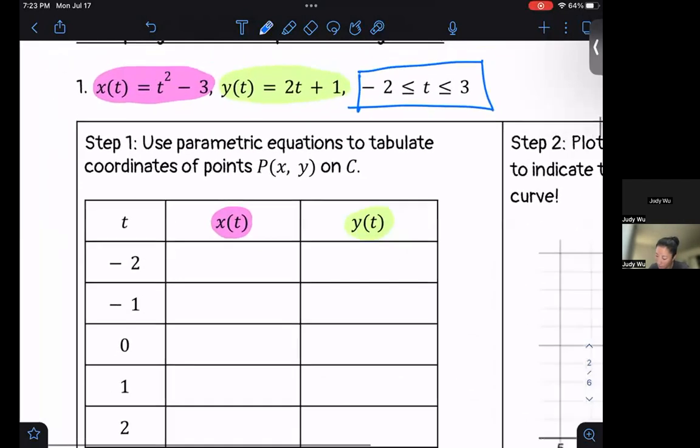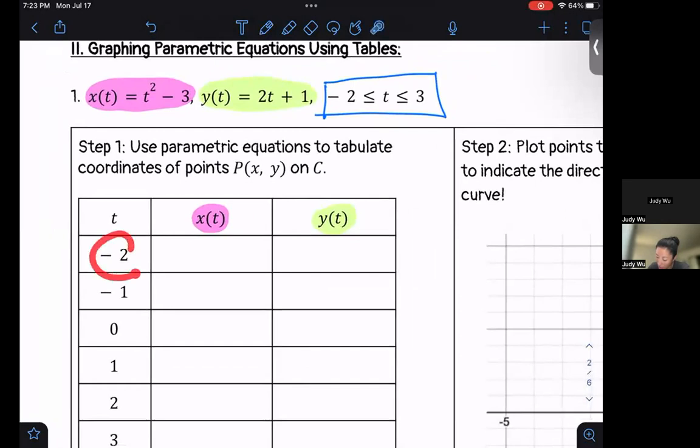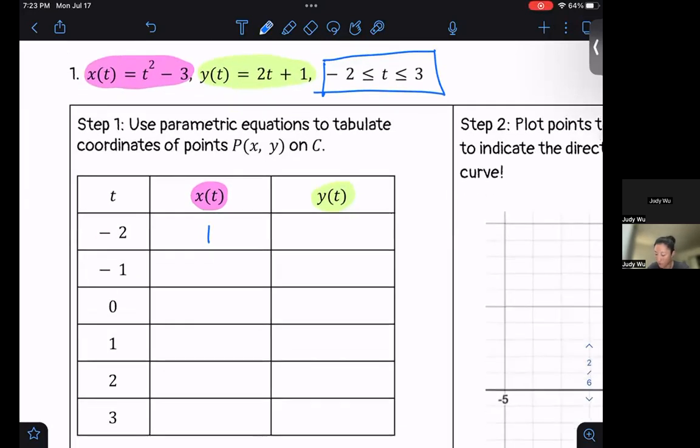So let's take the -2 and plug it into the x equation. -2 squared is 4. 4 minus 3 is 1. I'm going to keep doing the same thing for the other values down the column. -1 squared is 1. 1 minus 3 is -2.